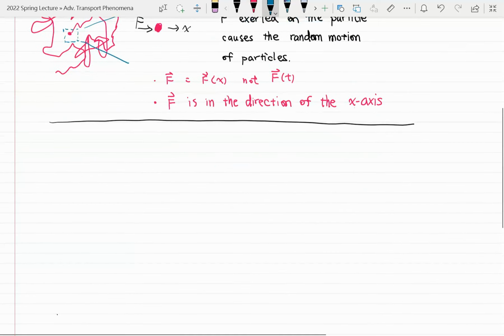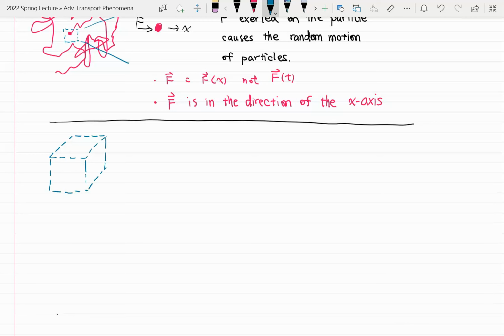Let's say we have a cubic control volume, and within that control volume we have a number of particles. We'll say that we have nu as the number of particles per unit volume.